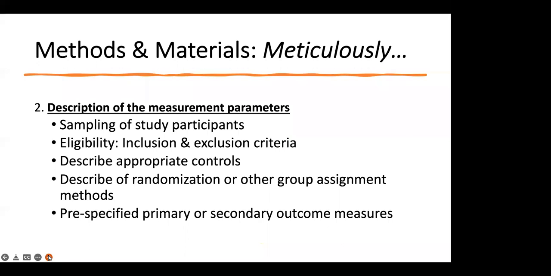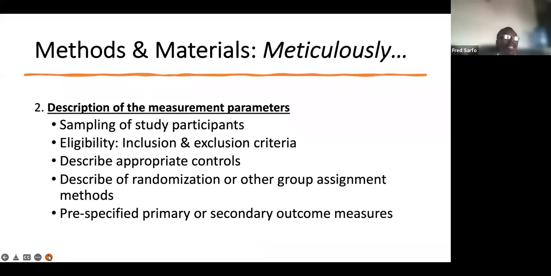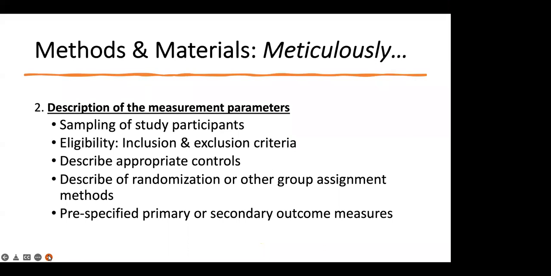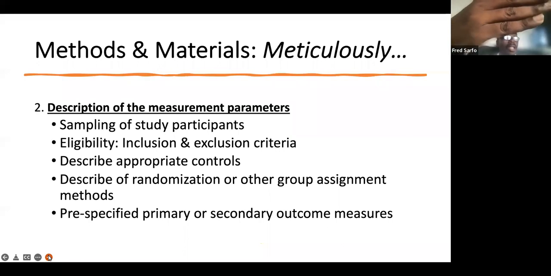And then if you are doing a case control study, it's important to be able to describe how controls were, for instance, selected. So in our Sarin study, we recruited stroke cases, and we said that stroke cases had to have had a CT scan or MRI to confirm that they have a stroke.